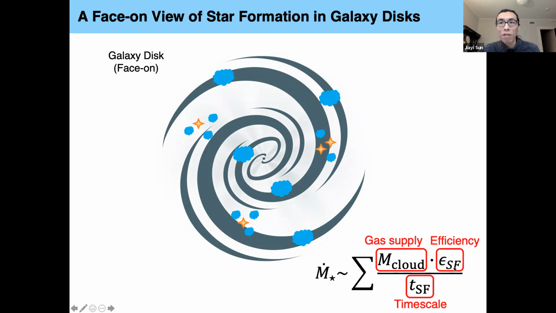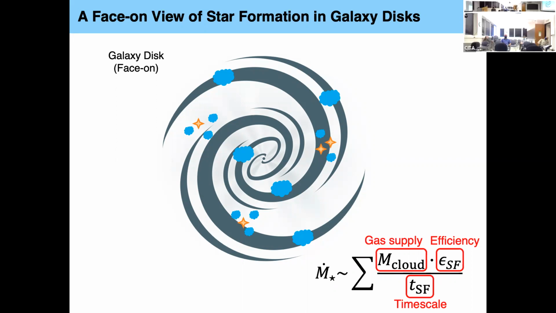And then there's this efficiency term that tells us how much of the gas mass is converted to stars over one characteristic timescale. So this is one way to think about how the star formation process works in galaxies. It seems like molecular clouds just do things on their own, and when we want to know about the entire galaxy, we need to sum over all.